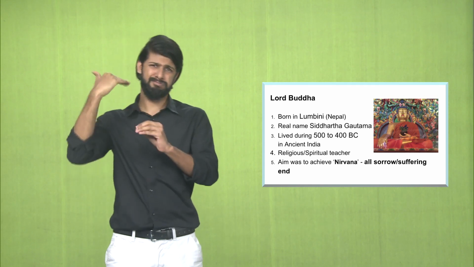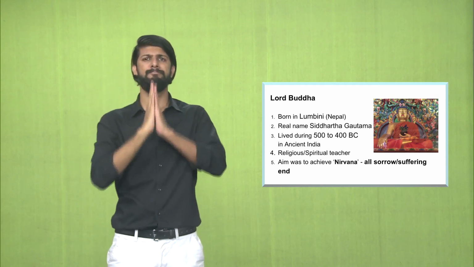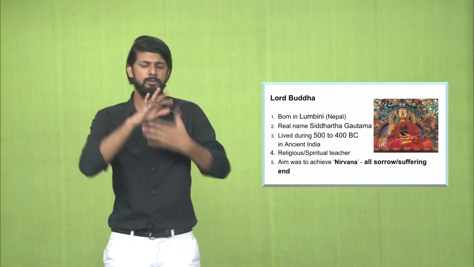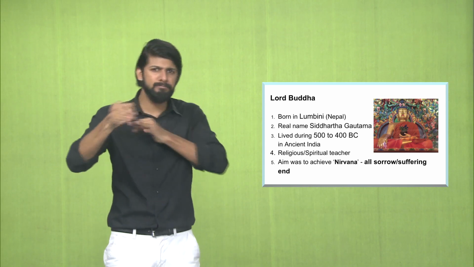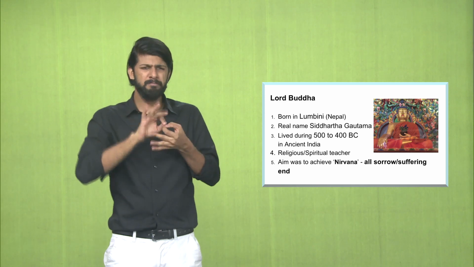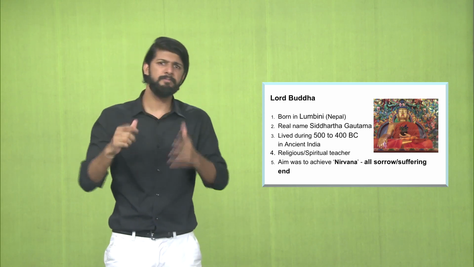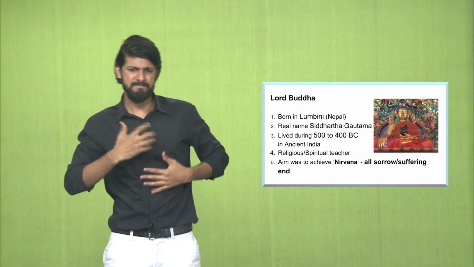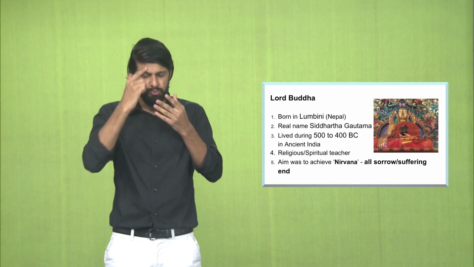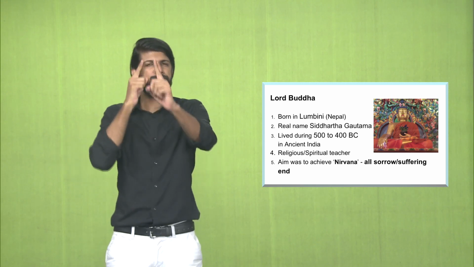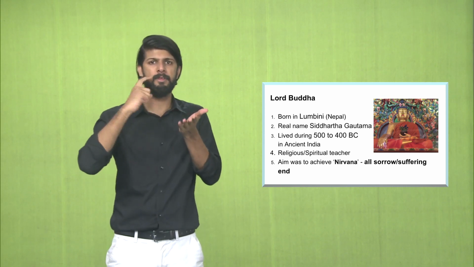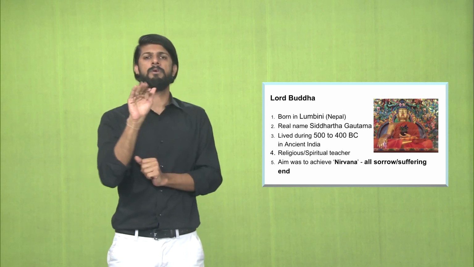He lived during 500 to 400 BC in ancient India. Lord Buddha was a religious and a spiritual teacher. The aim for Lord Buddha was to achieve nirvana, which was the ending of all sorrow and suffering. Which was called attainment of nirvana.